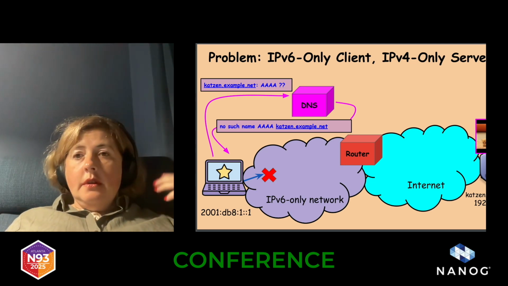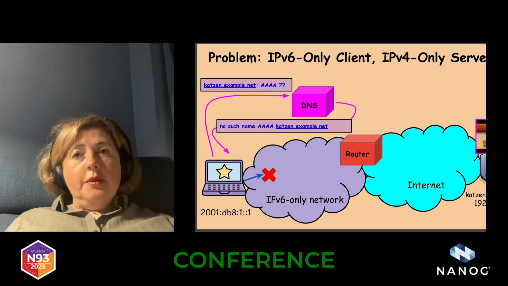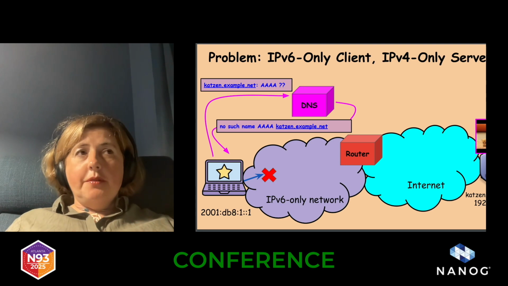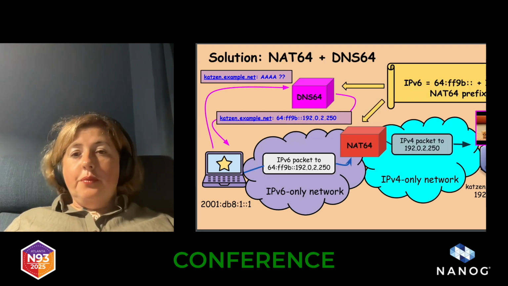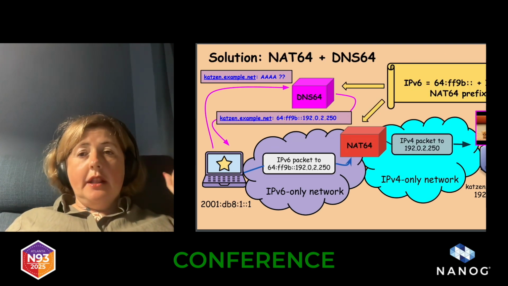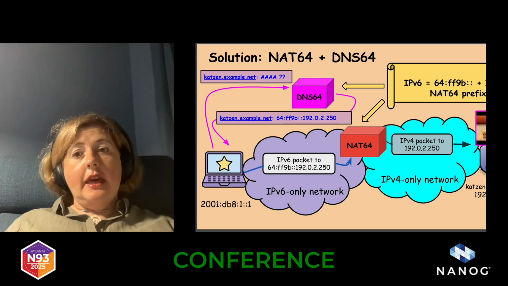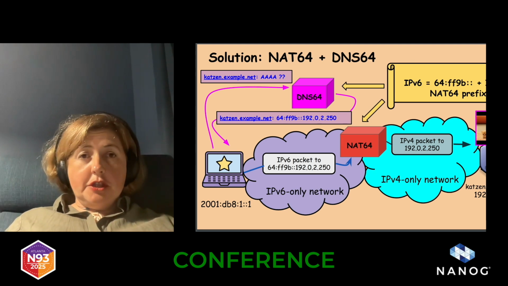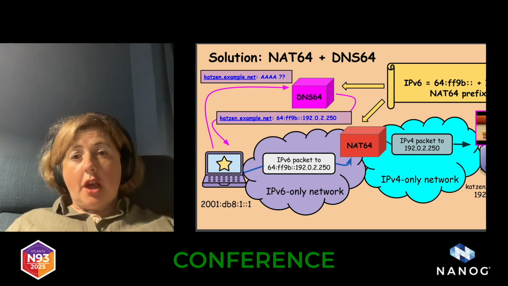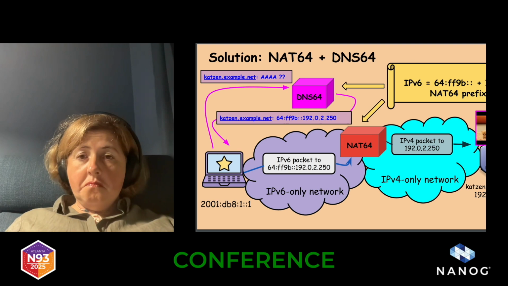So people who needed to deploy IPv6 only networks, mostly mobile operators, came up with a nice solution, right? Nice hack. It consists of two elements, DNS64 and NAT64. DNS64 is a special form of DNS which lies to a client.